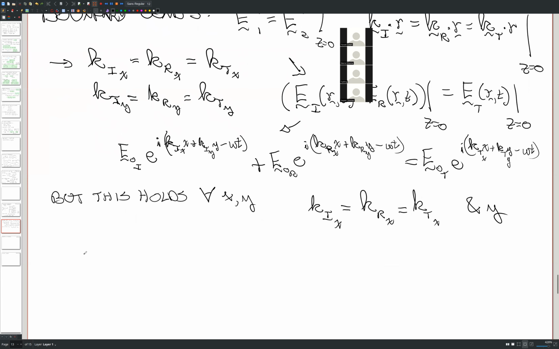The only way you're going to get, say, coefficient 1 times e to the i k1 x plus coefficient 2 e to the i k2 x is equal to coefficient 3 e to the i k3 x for any x, the only way you will fulfill this condition for non-zero C1, C2, C3 is if k1 is equal to k2 is equal to k3.